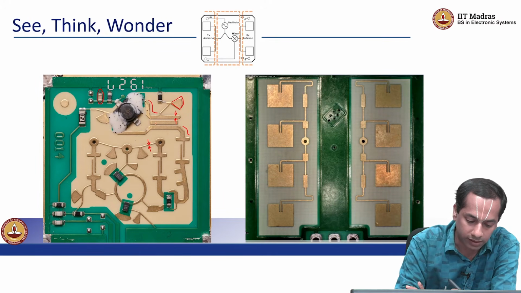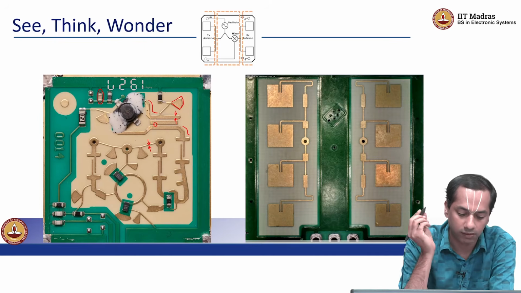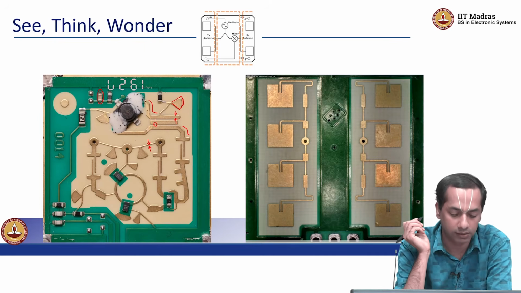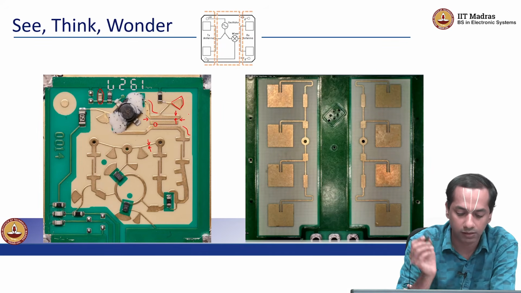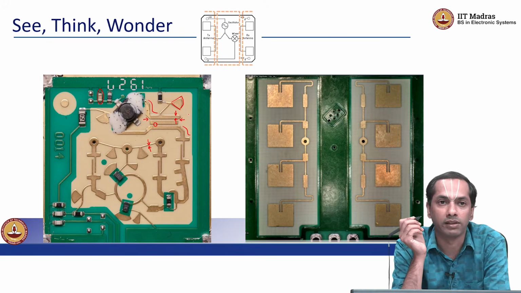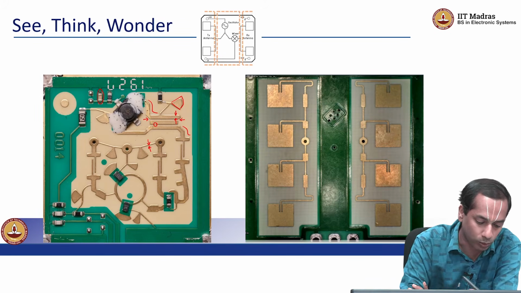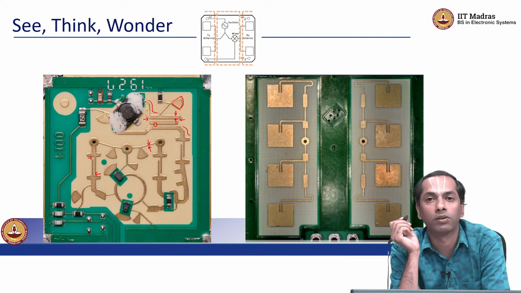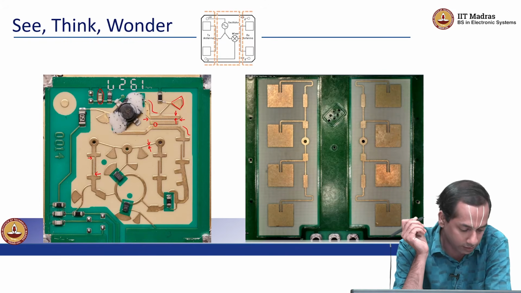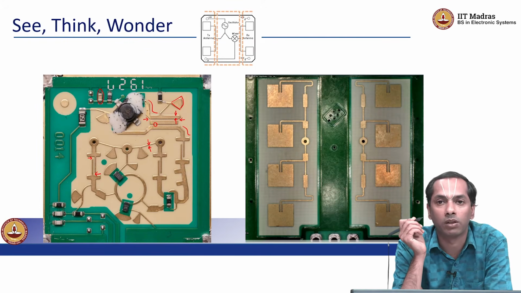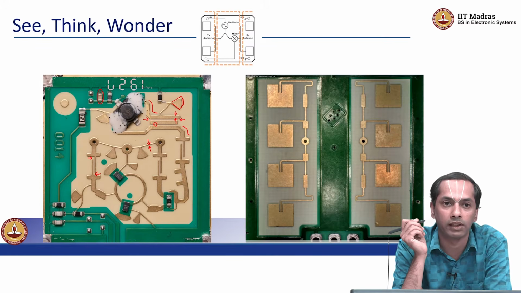I notice that in some places there are tiny bridges, and in some places there is an entire gap. Okay. You might ask, this almost looks like an open circuit at this point, right? So you may even wonder, does this even function if all the elements are not even connected to each other, right?